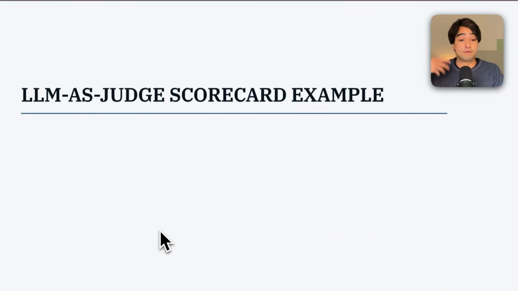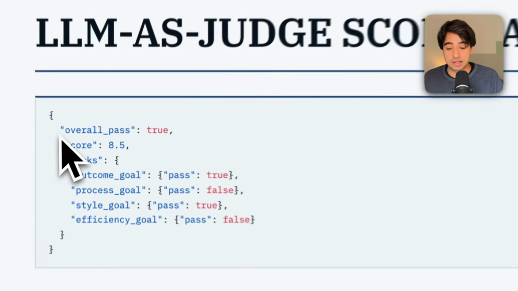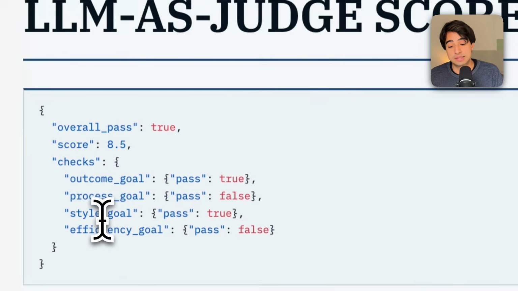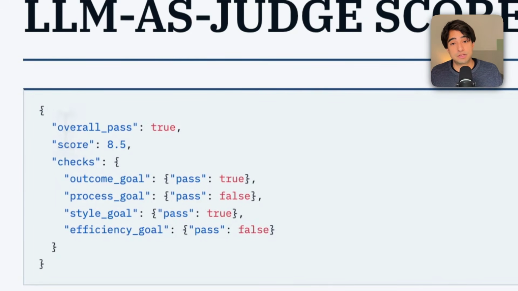You can even evolve that into some sort of an LLM as a judge with very clear rubrics of what success means. So you can define the outcome goal of your skill, the process goal, the style goal, and the efficiency goal, as we mentioned, and you can have the agent spawn up multiple sub-agents with the skill and have that agent, be it Codex or Claude Code or whatever, evaluate whether or not this actually checks.